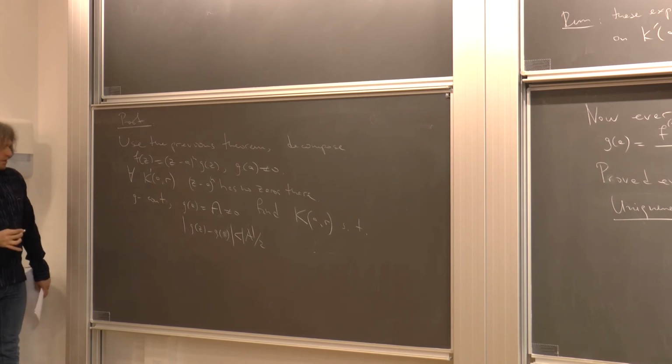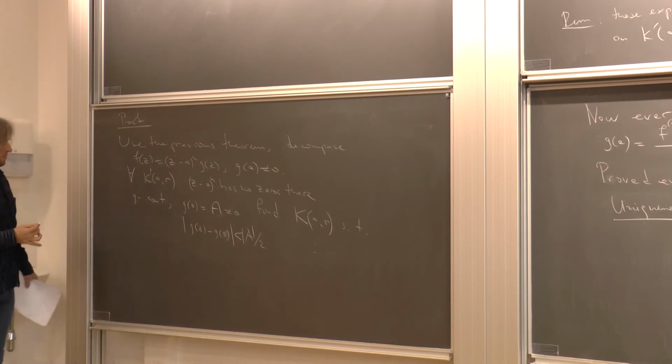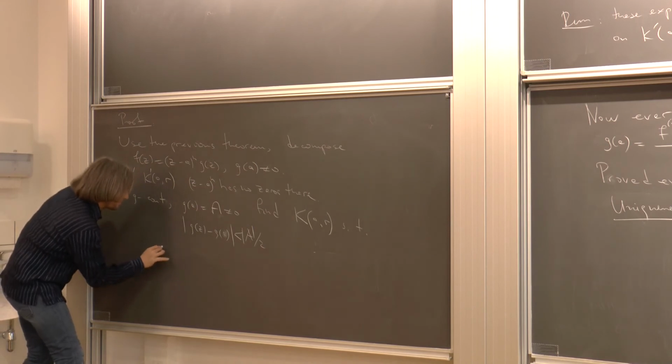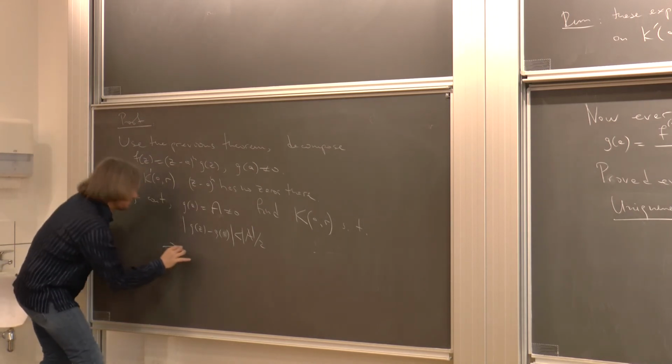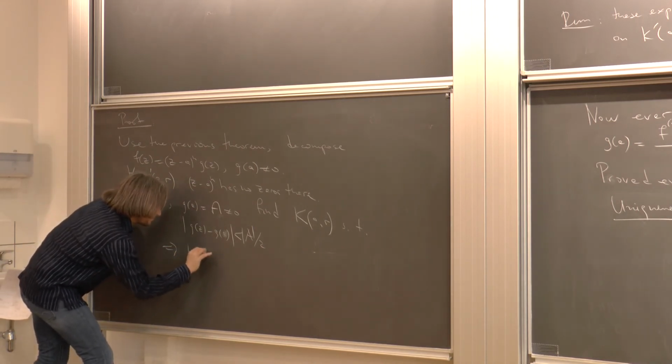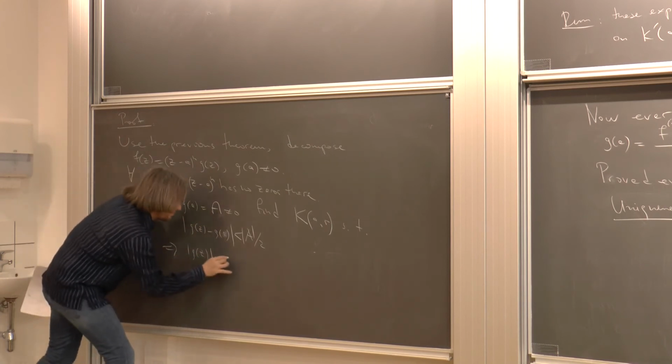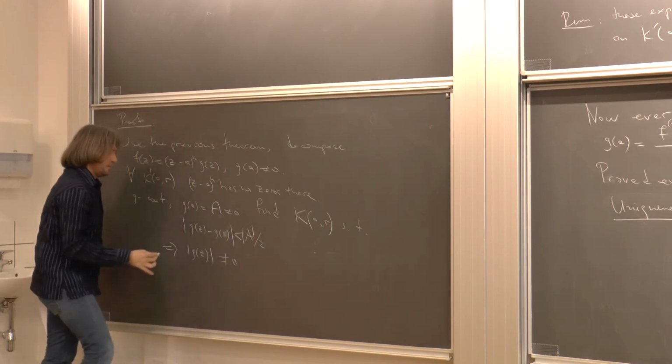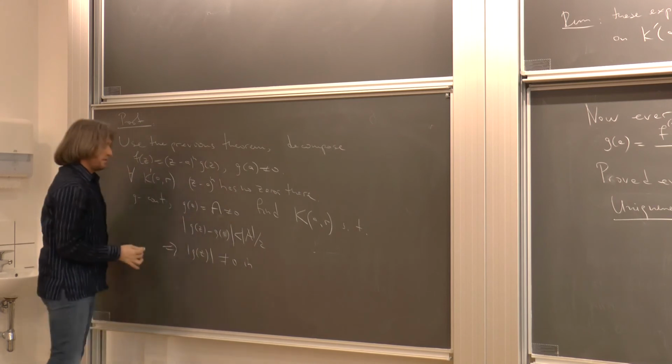It's a non-zero number, so then g is never 0 in the disk.